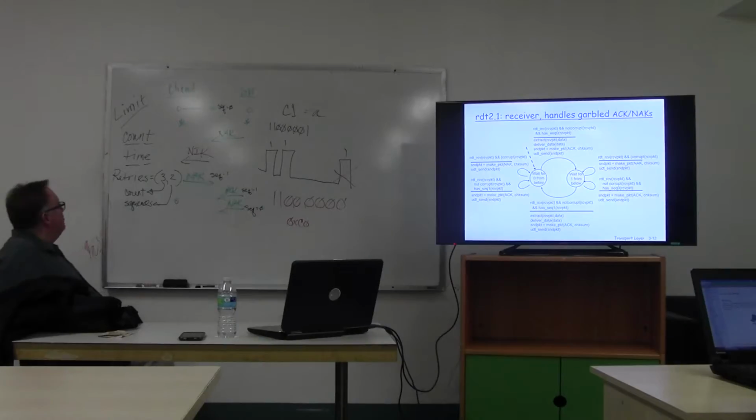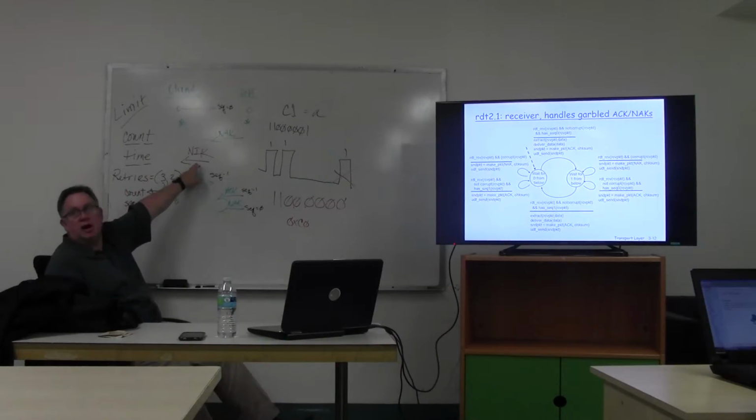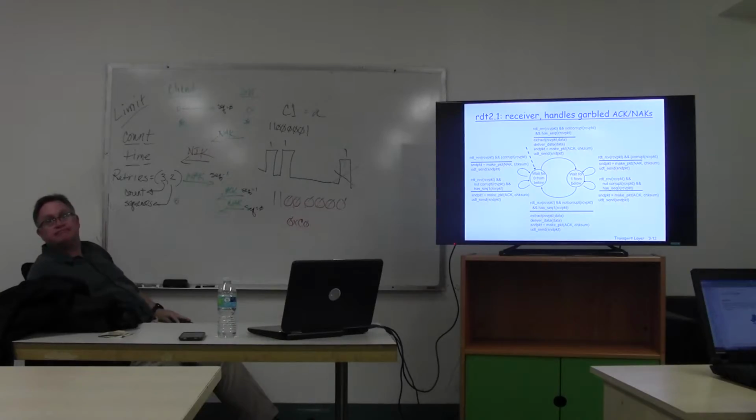Right? But now, getting a garbled ACK or NACK isn't a problem. Although we're lying. Because if we're only using 0 and 1, if we get a transient bit error, it changes the sequence number.